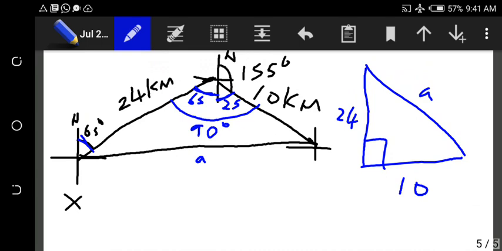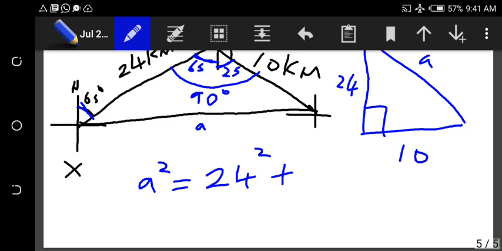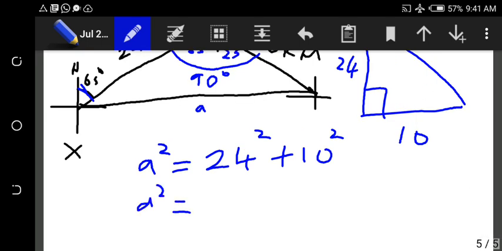So going ahead, we have that a squared is equal to 24 squared plus 10 squared. Now 24 squared will give us 576, and 10 squared would give us 100.